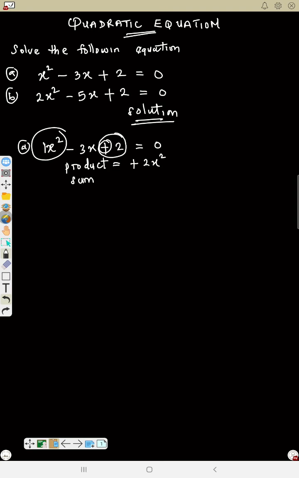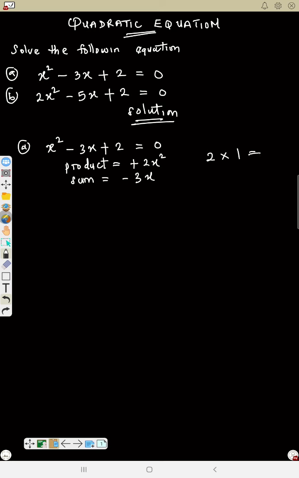So 1s squared times plus 2, that will give me plus 2s squared. Then the middle one, now take note of the sign, minus. The middle one is the sum, that is minus 3s. So study the pattern. So now what are the numbers you can multiply that will give you 2? You can see it's only 2 times 1 that will give you 2.